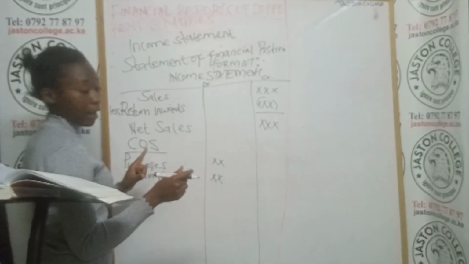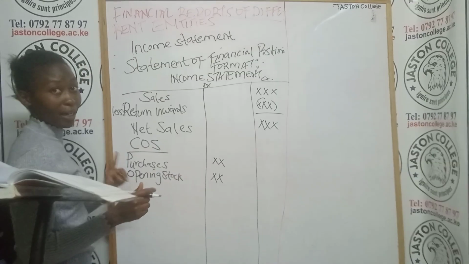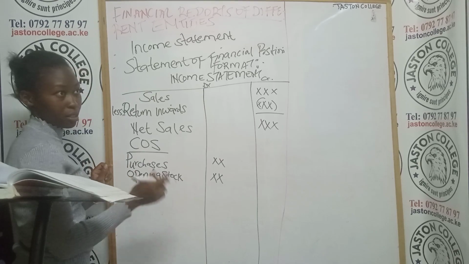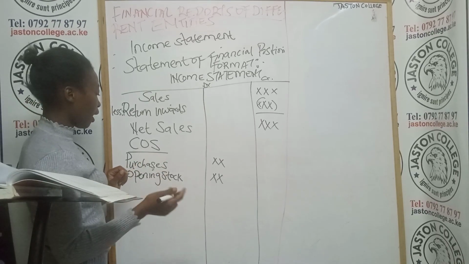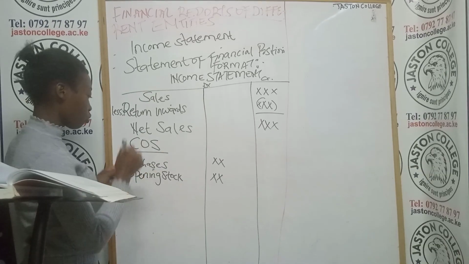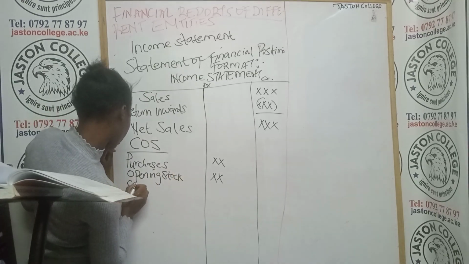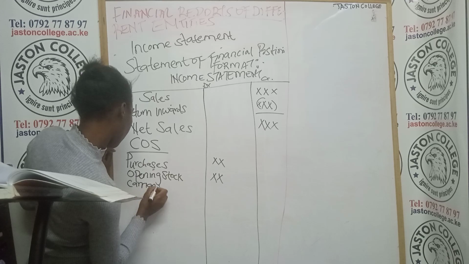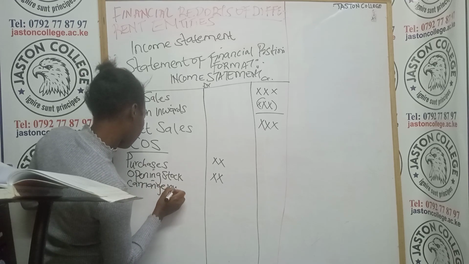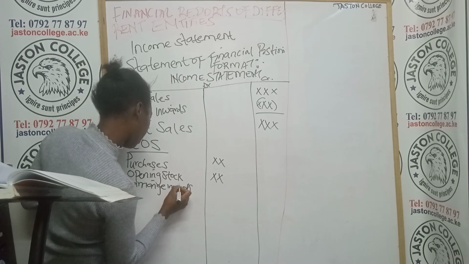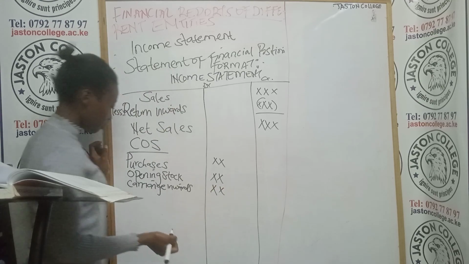Then we add our carriage inwards to the purchases. The cost we incurred when bringing the goods into our business, that is our carriage inwards. We add it here.